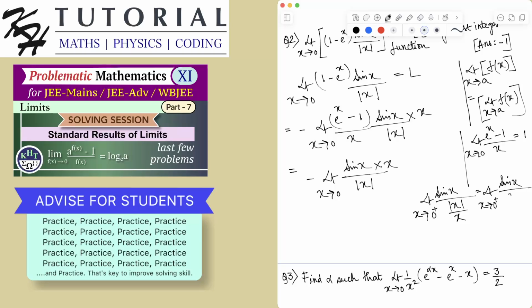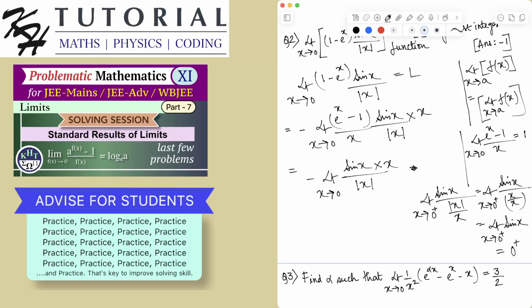So this will be x by x, which is equal to the limit as x tends to 0 positive of sin x, which is equal to 0 positive. In that case we have a negative.